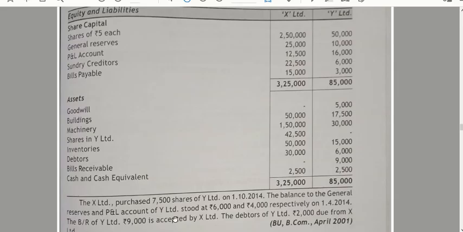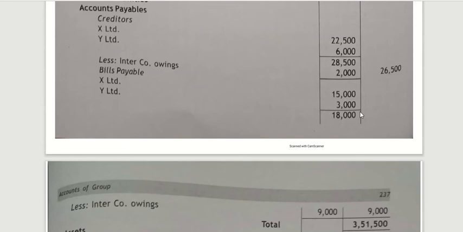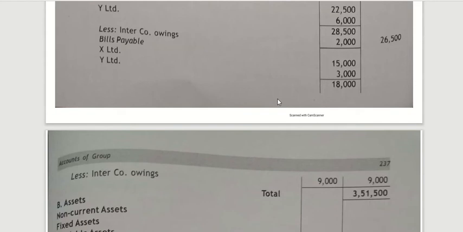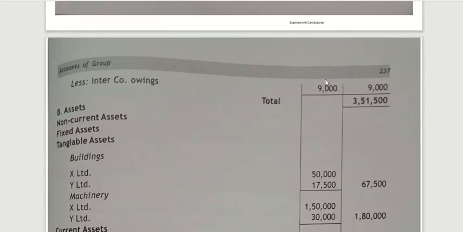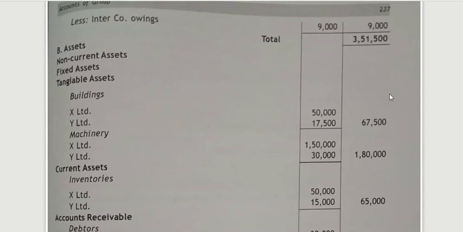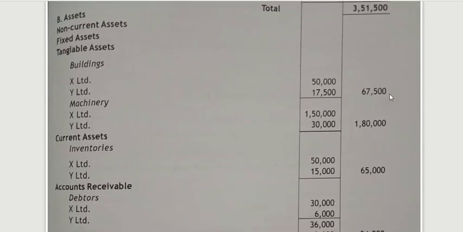If you see in the question, we have intercompany owings. The debtors, they are telling 2,000 is due. So from the creditors and from the debtors, you will minus this 2,000. So intercompany owings 2,000 will be minus, and you get 26,500. Next, bills payable. X Limited we have 15,000, Y Limited we have 3,000. Total is 18,000. Less your intercompany owings 9,000. So you get 9,000.